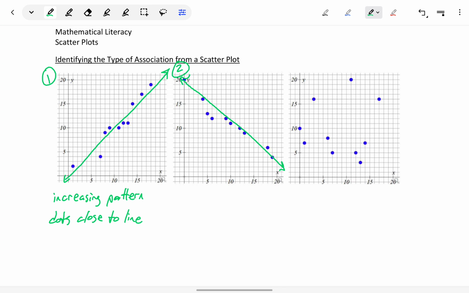As we move to the right, all of the y values are decreasing, the points are getting lower and lower. So we refer to this as a decreasing pattern, with the dots still being relatively close to that line that we sketched in.